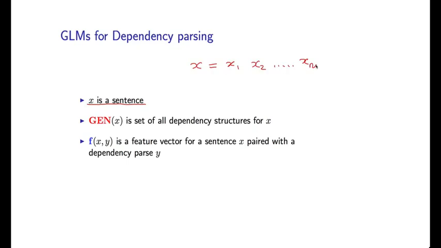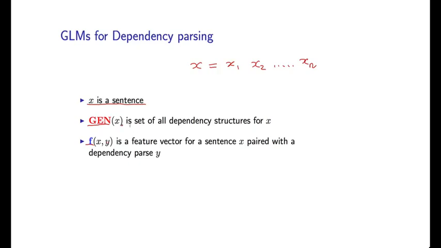And really, to define a global linear model, we need to give two definitions. Firstly, we have to define GEN, that takes a sentence as input and returns a set of candidate dependency structures as its output. And secondly, we have to define f, which is a function that takes a sentence together with a dependency structure and returns a feature vector representation.